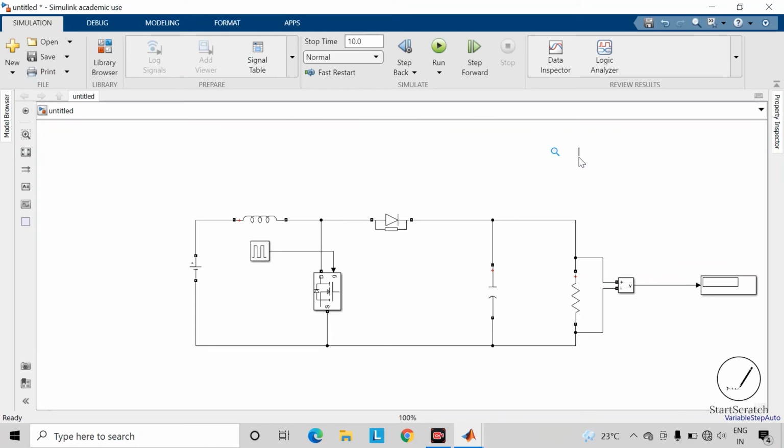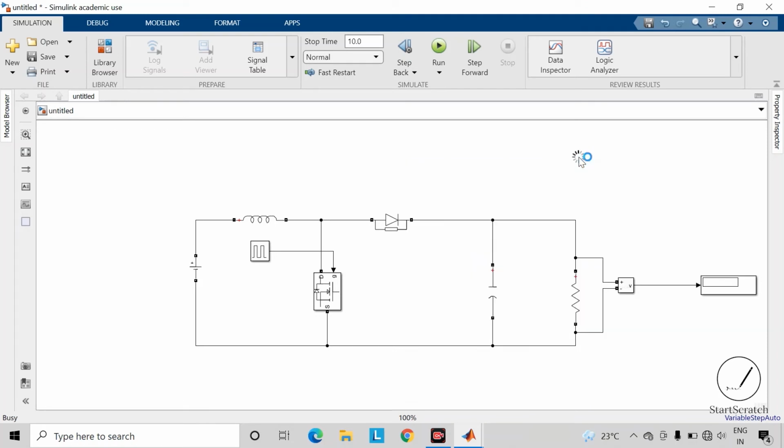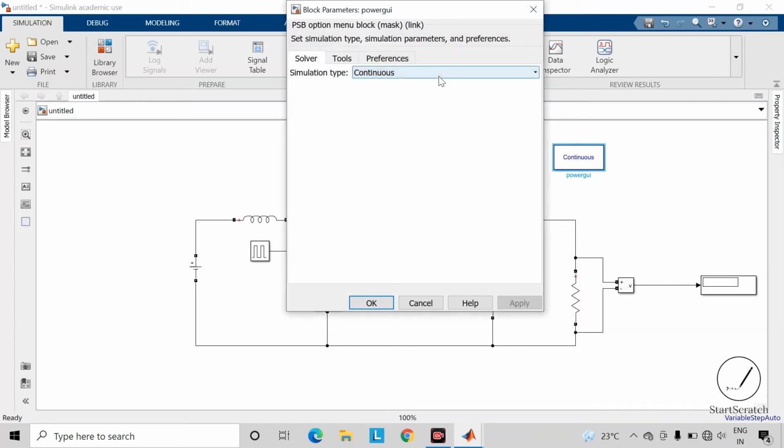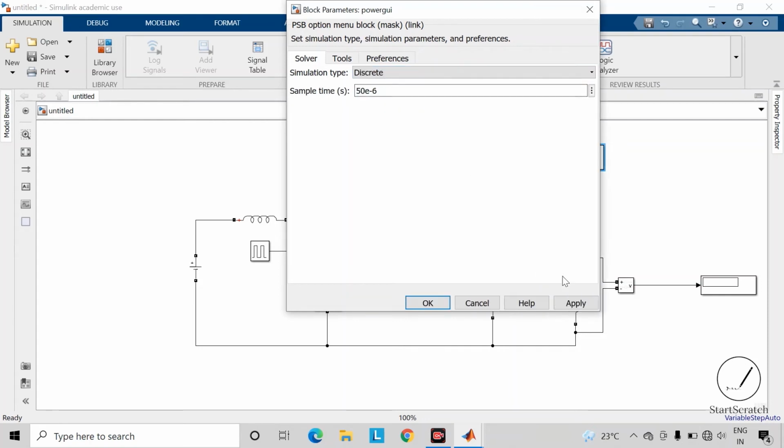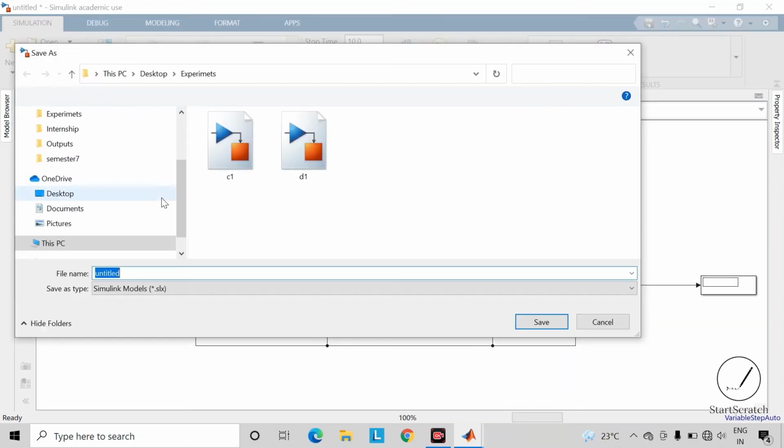Take a powergui block. Change here the simulation type to discrete. Now save the changes, or first of all save our file.